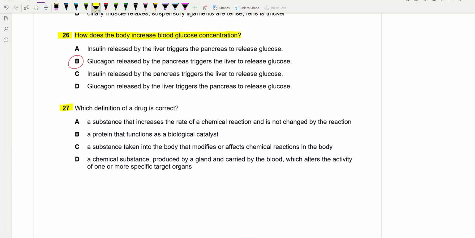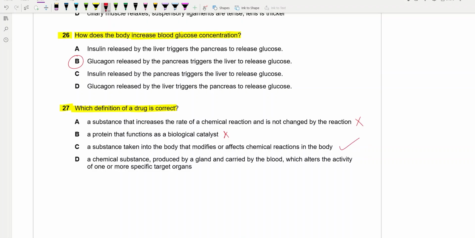Question number 27. Which definition of a drug is correct? Option A. A substance that increases rate of a chemical reaction and is not changed by the reaction, which is wrong. Option B. A protein that functions as a biological catalyst, which is also wrong. Option C. A substance taken into the body that modifies or affects chemical reactions in the body, which is correct.